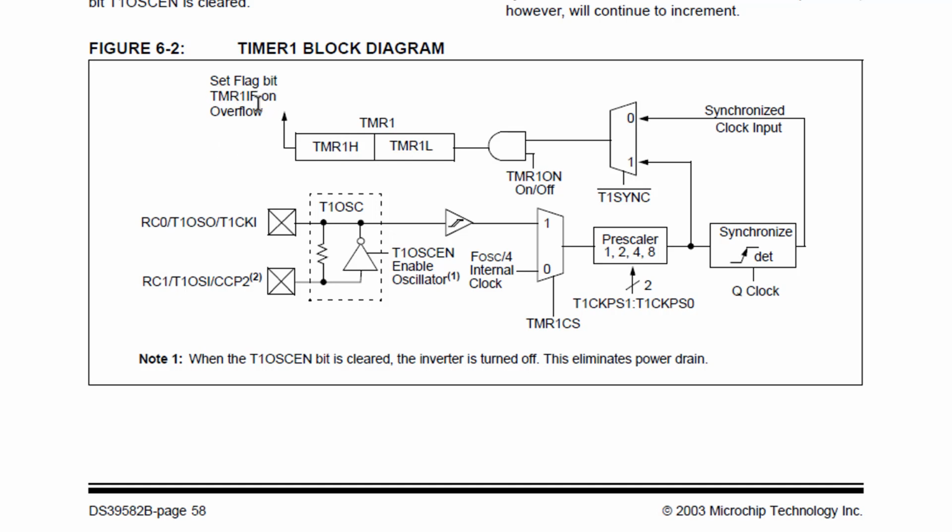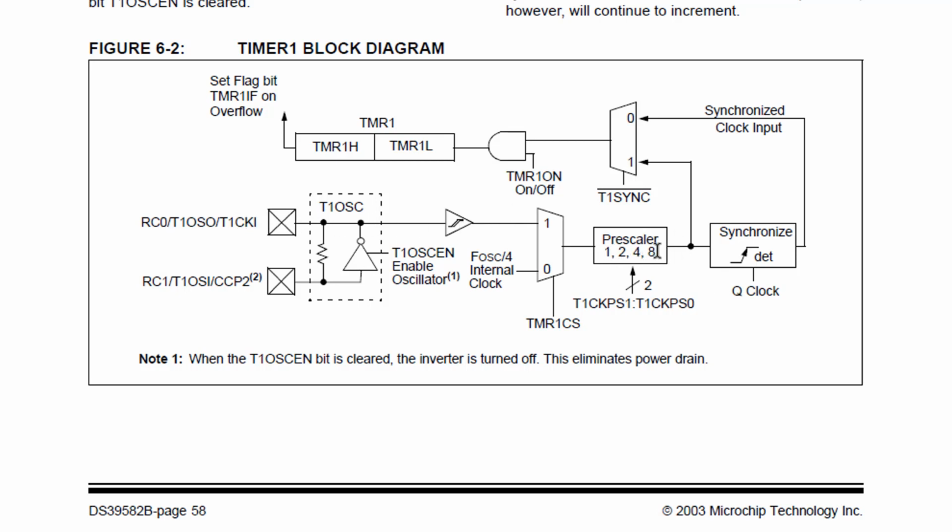Then the timer has overflowed, and it can generate an interrupt, or it can be flag polling only. There are two options for the clock source, timer 1 CS. We have used the configuration frequency of oscillation divided by 4, the internal clock. We are not using the external incoming pulses.